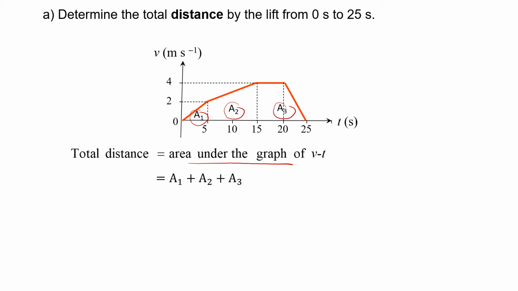Total is A1 plus A2 plus A3. We calculate area A1: 1/2 multiply 2 and then multiply 5.